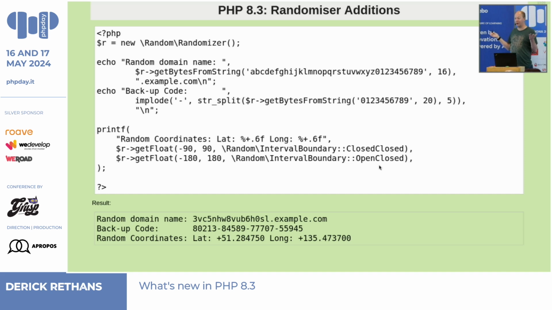Is this useful to create random coordinates from the planet of Earth? I don't know. Maybe if you want to go on a holiday where you haven't been before, you can use this and figure out where you end up. I have no idea where this is. +51, +135. Going to guess somewhere in China, but put it on a map and find out.